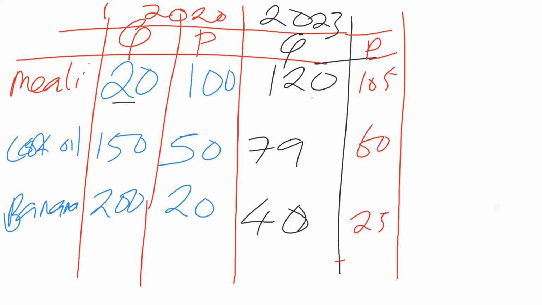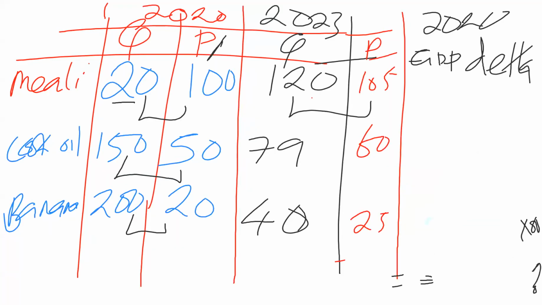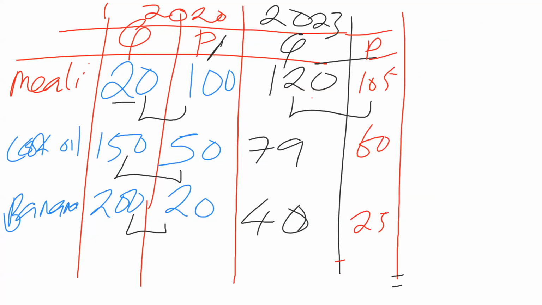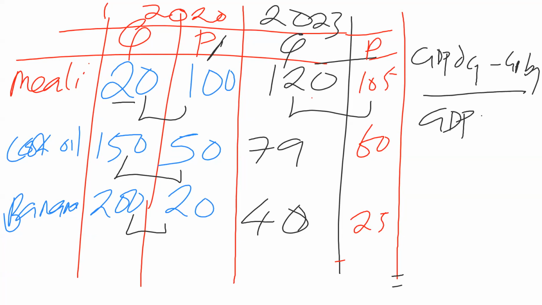Like you use the GDP deflators, of course. I'm using GDP deflator: GDP deflator for the current year minus the GDP deflator for the base year, divided by the GDP deflator for the base year, times 100.